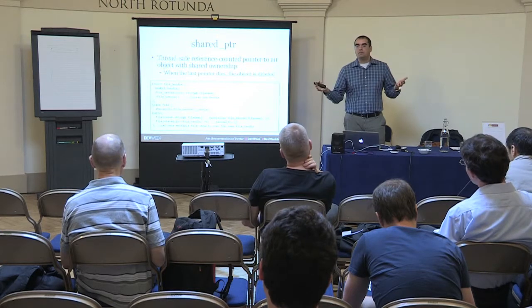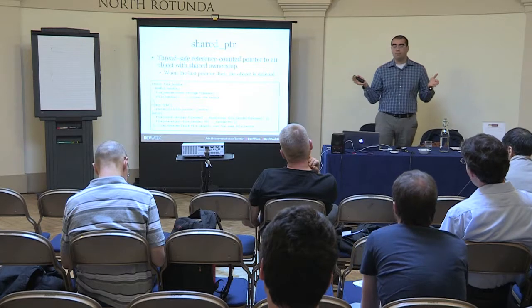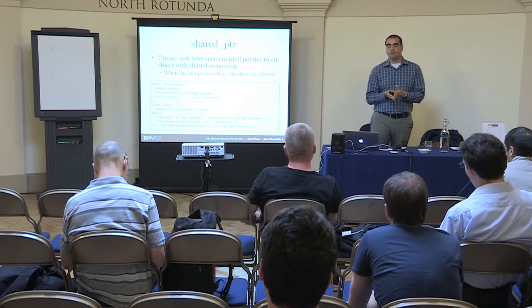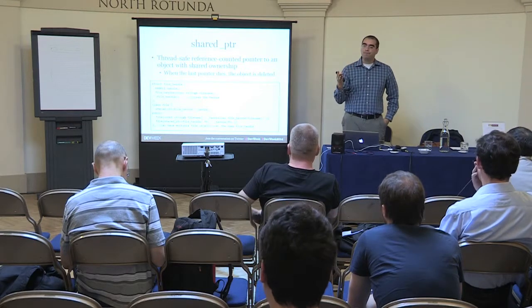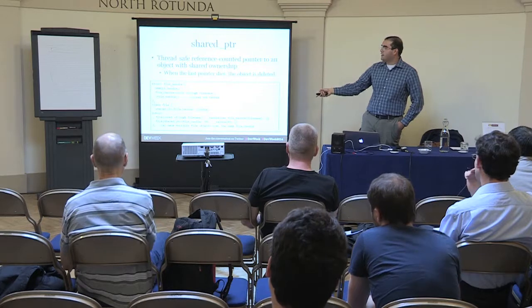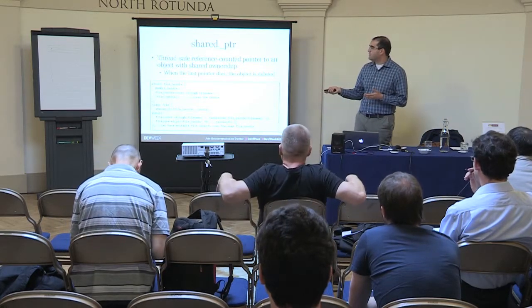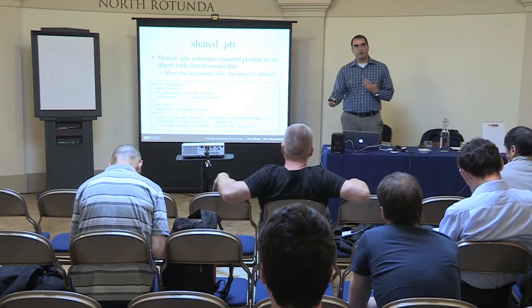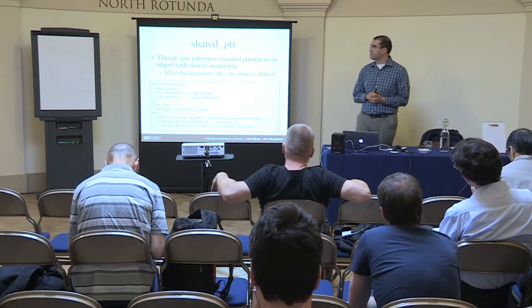When you really need multiple objects, multiple memory locations in your program, pointing to the same underlying resource. The example on the slide is that you have a class File, which has inside a shared_ptr to a file handle. So you could have multiple instances of the class File, which all share the underlying file handle, which again might be useful.